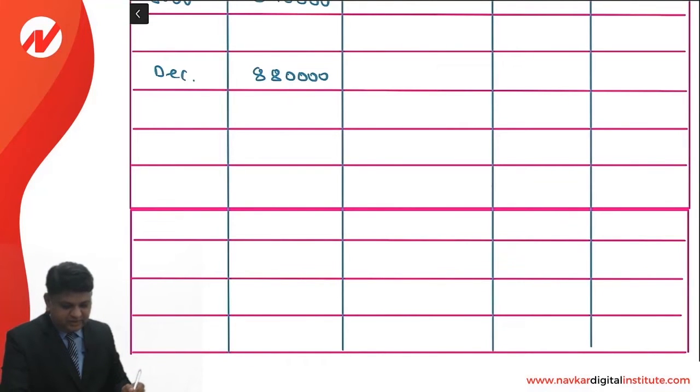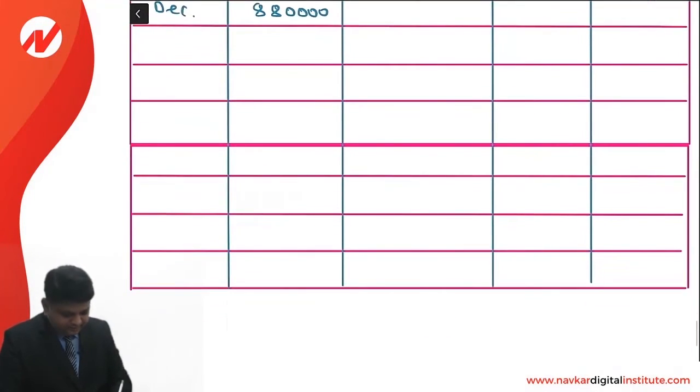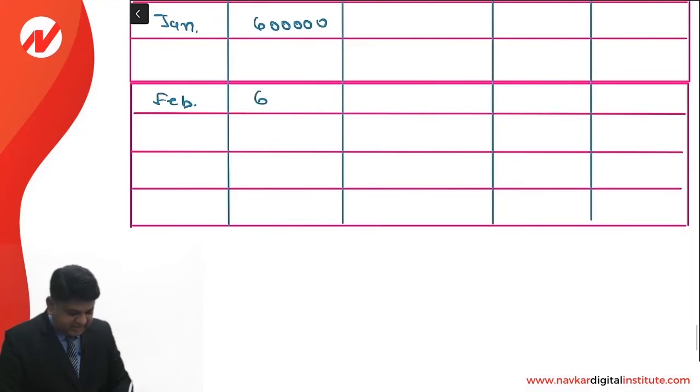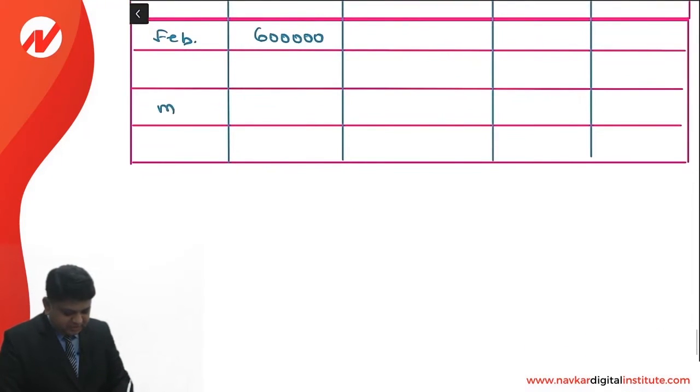In the month of January, sales is 6 lakhs. In the month of February, sales is again 6 lakhs. In the month of March, it is an amount of 8 lakhs.